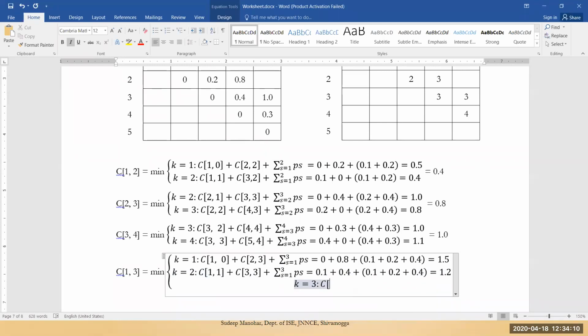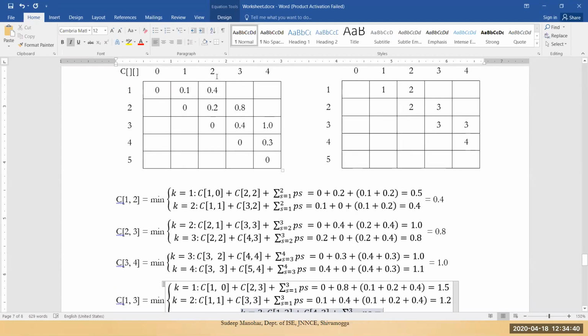C of i comma k minus 1. What is i? i is 1. k minus 1 is 3 minus 1, which is 2, plus C of k plus 1. k plus 1 is 3 plus 1, that is 4, comma j. j is 3, plus the summation formula. Now substitute the values. C of 1 comma 2.